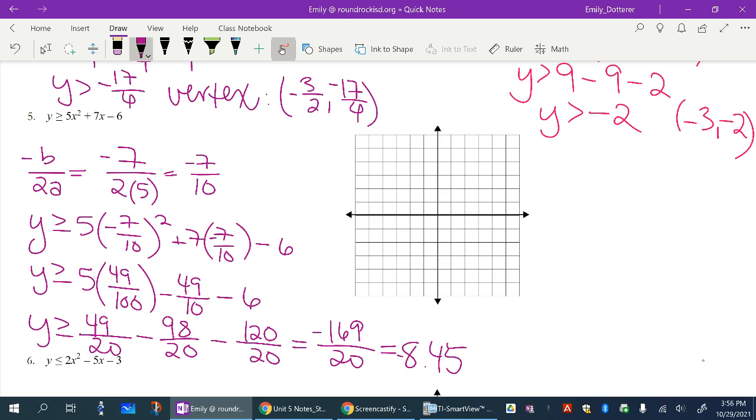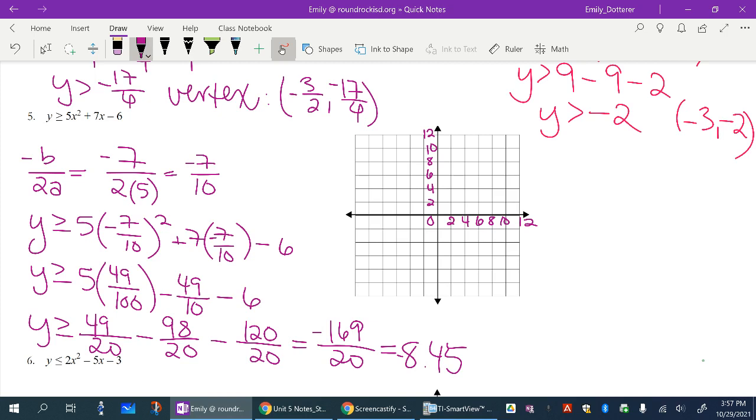All right. So we need to be able to get to negative 8. We only have 6 spaces, so we're going to have to go by 2. Okay. So negative 7 over 10, so that's a little over halfway to 1.